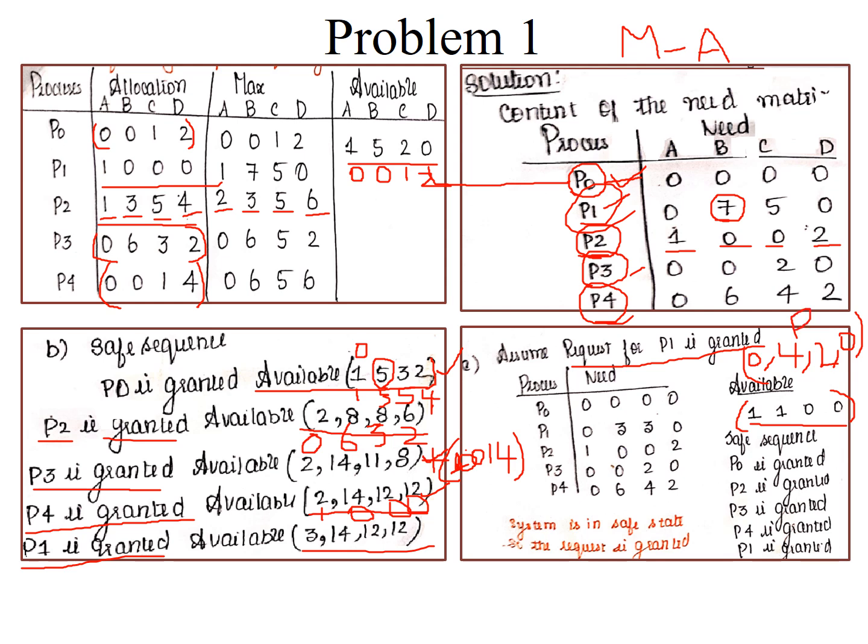Available becomes available minus request, allocation becomes allocation plus request, and need becomes need minus request. That is, the need of P1 is 0 3 3 0. So that gets reduced.